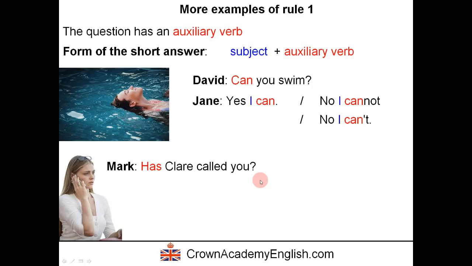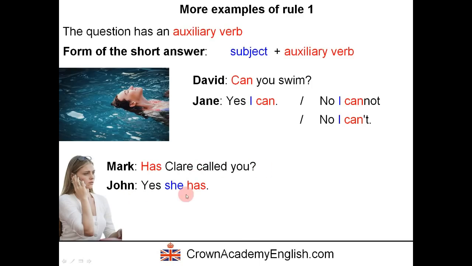Mark asks, has Claire called you? So again, here we have an example of the present perfect in the question form. And this time it is the third person singular feminine. Okay? Has Claire called you?